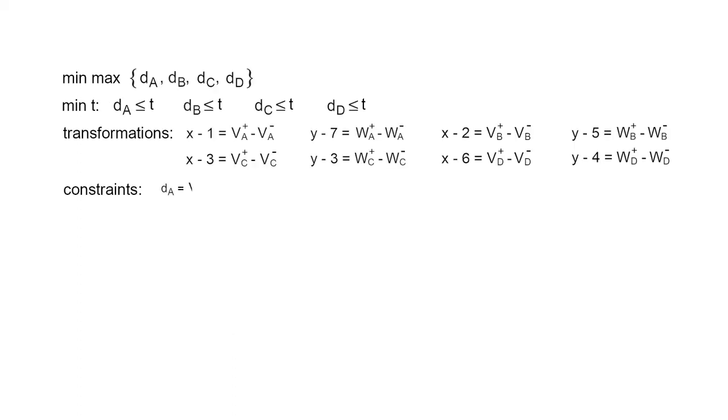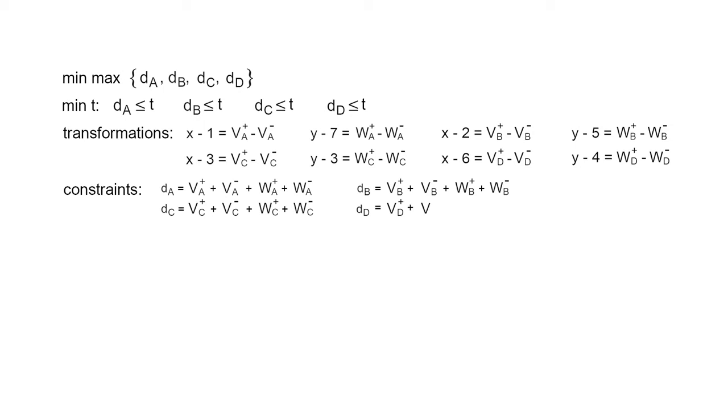Therefore, dA is equal to VA plus VA minus plus WA plus WA minus. dB is equal to VB plus VB minus plus WB plus WB minus. dC is equal to VC plus VC minus plus WC plus WC minus. And lastly, dD is equal to VD plus VD minus plus WD plus WD minus.